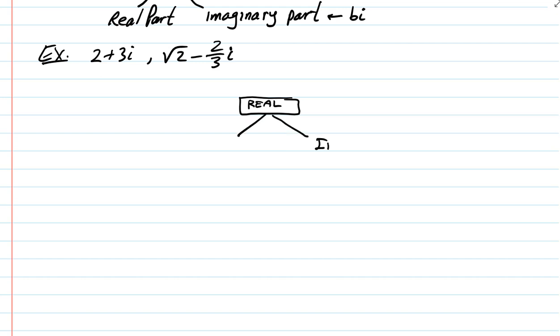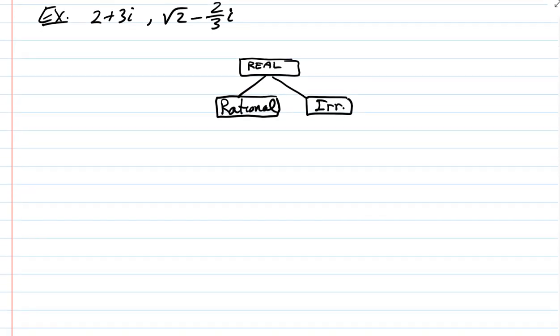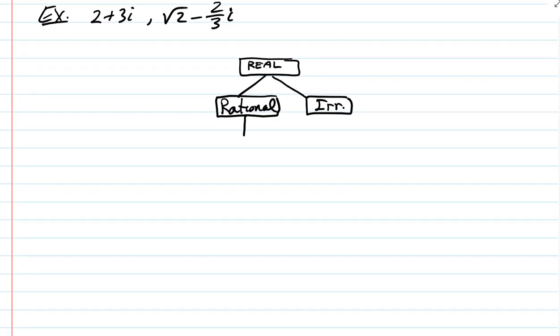Let's call this irrational. And then we have rational. And along the list of rational numbers, we can list all other types of numbers. So we have our integers here, and then we have the set of whole numbers, and we have our natural numbers.